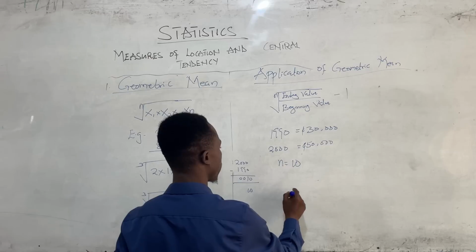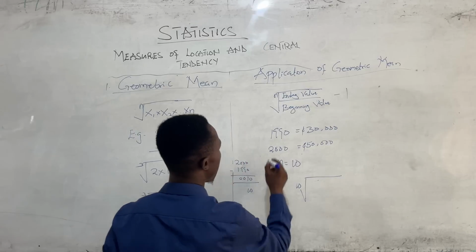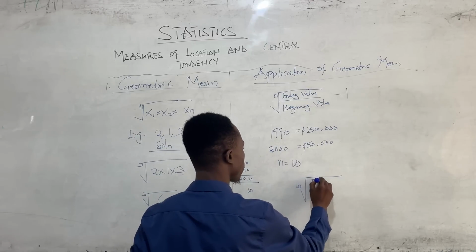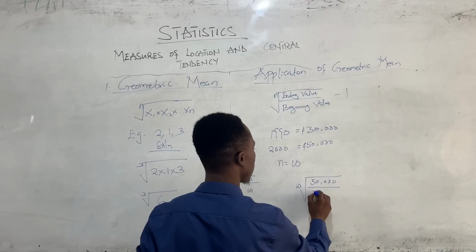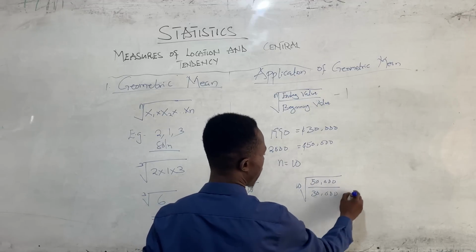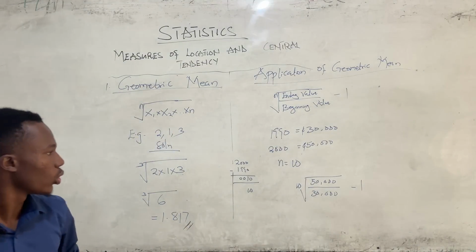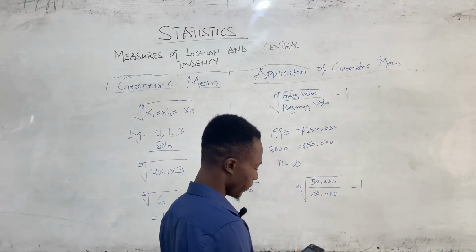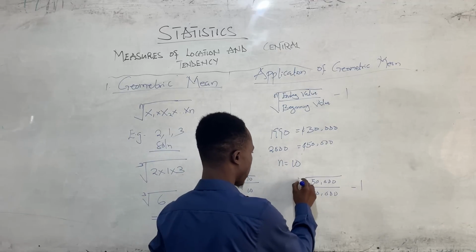So n is 10. So we have the 10th root of ending value, which is 50,000, over beginning value, 30,000. Then we subtract it from 1. Okay, so we solve for it. The 10 is not down here. It is the 10th root.